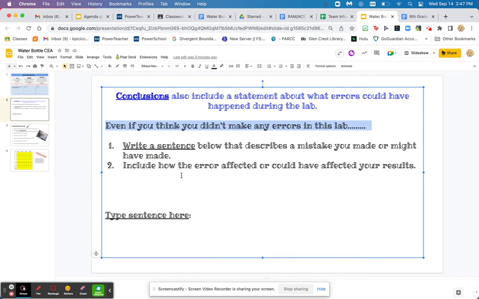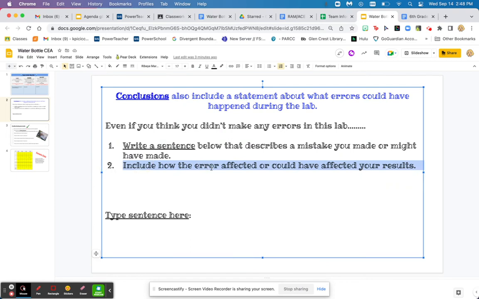So here's what you're going to do. Down here where it says type sentence, you're going to write a sentence below that describes a mistake you made or might have made. Okay, so you're going to write a sentence that says the mistake I might have made was, and you're going to describe it. What could have possibly gone wrong, or you might not have even realized during the lab. Then the second part of the sentence is number two.